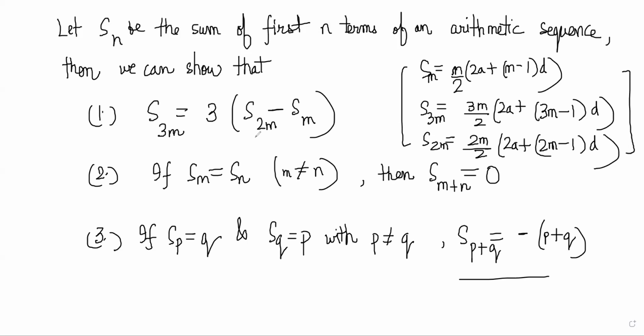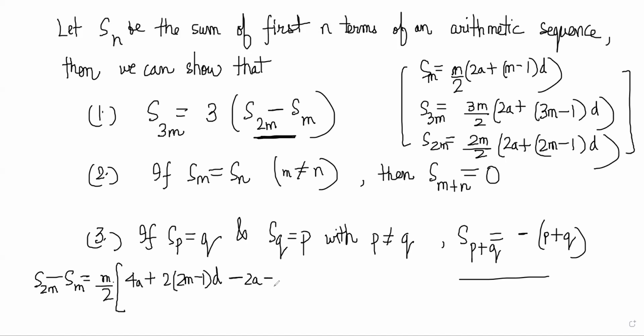So here this term we are calculating, S of 2m minus S of m. That would be, you can take m by 2 common and you will have 2 times 2a, so 4a plus 2 times 2m minus 1 into d minus 2a minus m minus 1 into d.